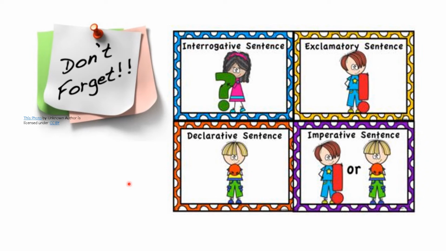What are these? The interrogative sentence or the asking sentence, the exclamatory sentence, the sentence that expresses a strong feeling, the declarative sentence or the telling sentence, and the imperative sentence that gives a command or asks for a request. Of course, do not forget to use the proper punctuation marks.